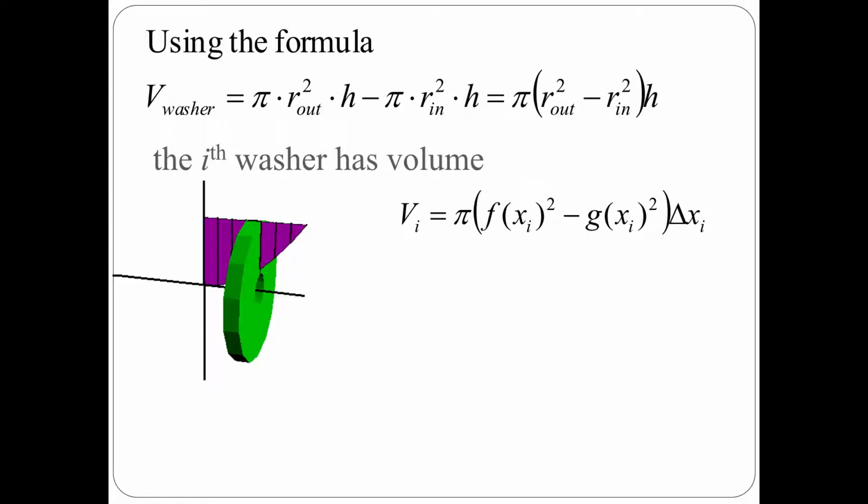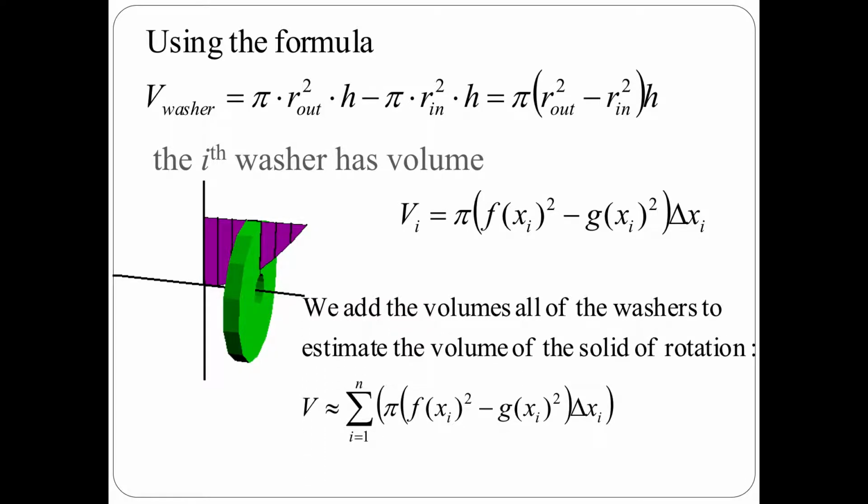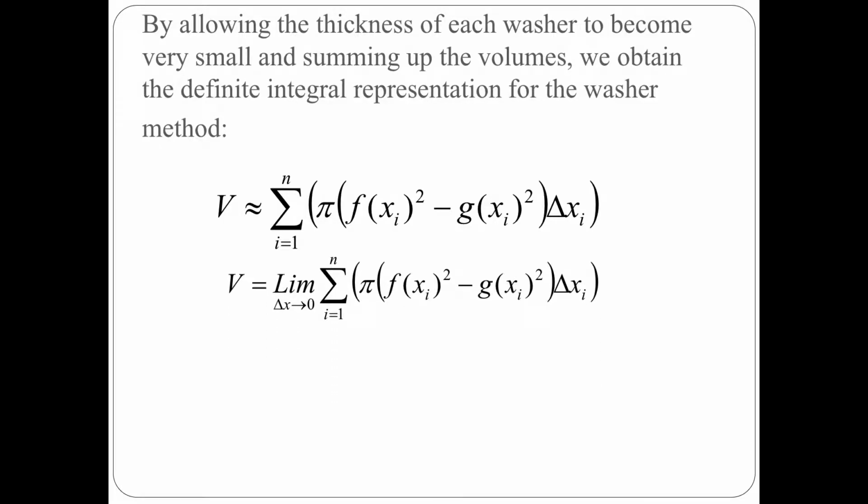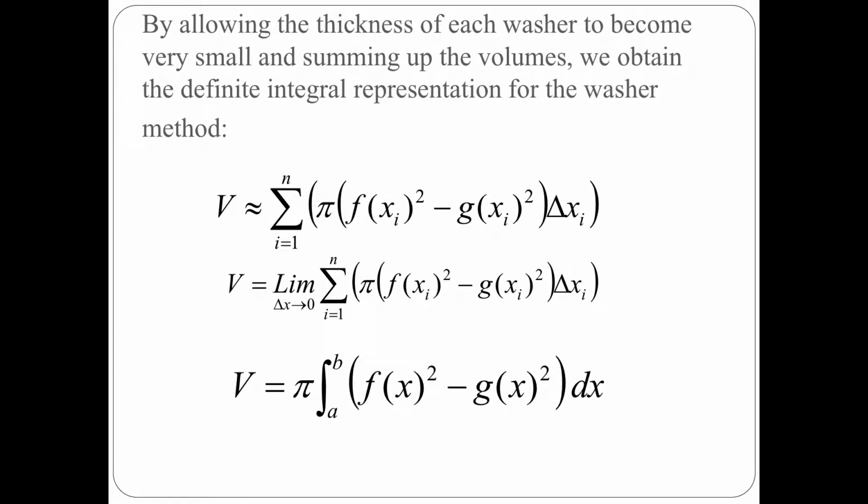Since the axis of rotation is the x-axis, we're just talking about the function height itself. So we have the outer function squared minus the inner function squared. As we sum these together and take the limit as those changes in x approach 0, we want our change in x to be itty bitty, we get the integral. Write that down.